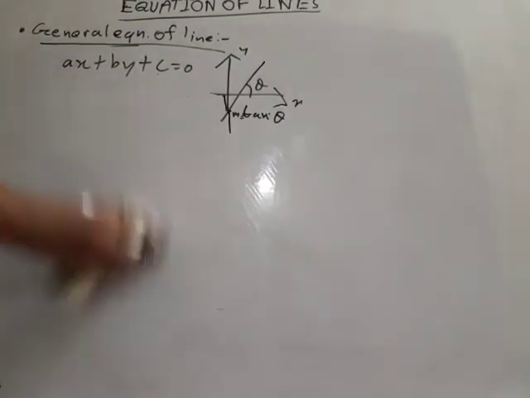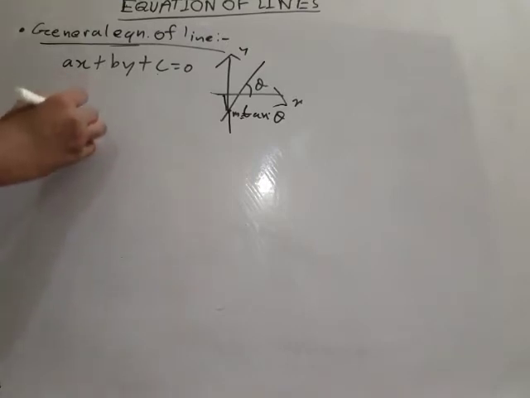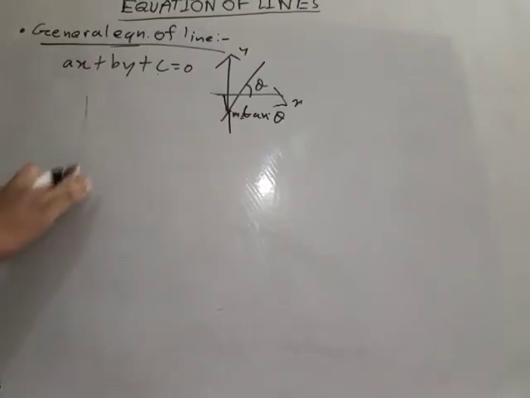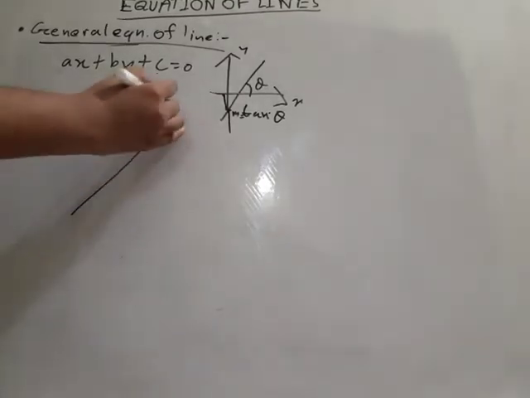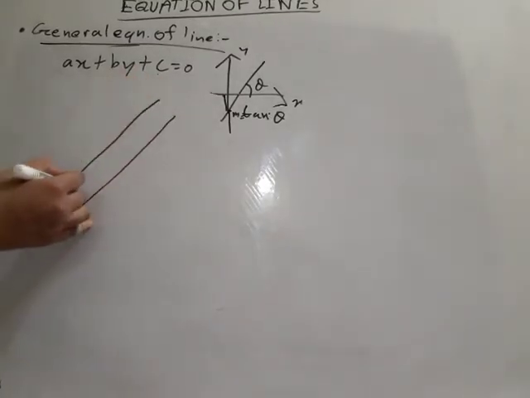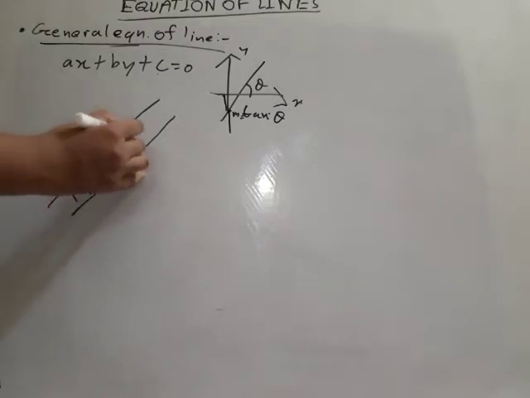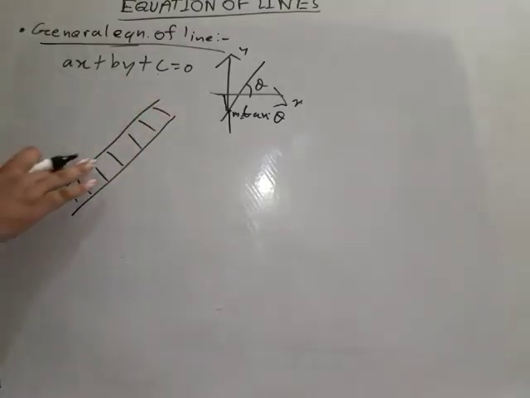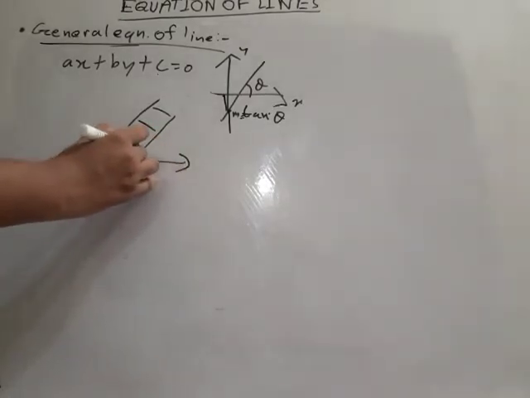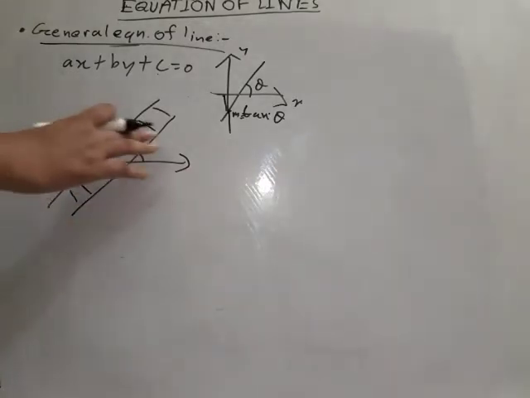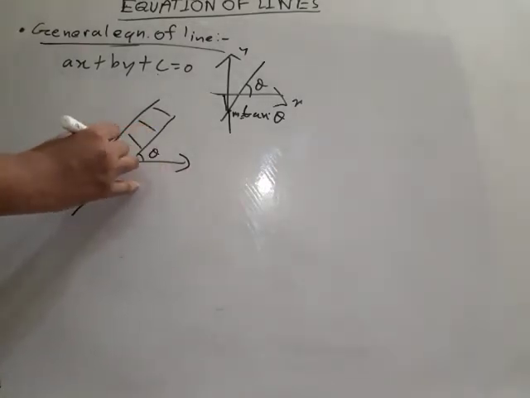Now let us visualize what is a perpendicular line and what is a parallel line. Suppose a line is like this. A parallel line always has the same distance from the given line, and so when we put them in the two-dimensional plane, the corresponding angle between them is the same.